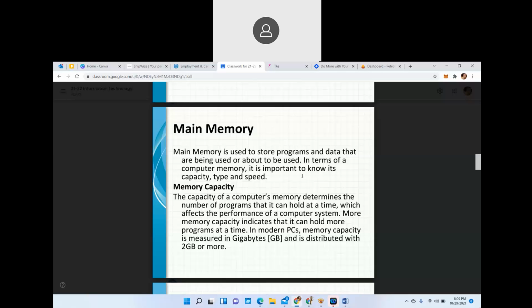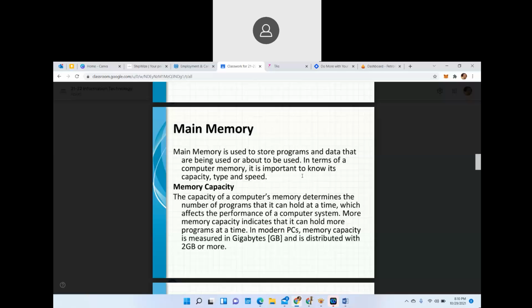The main thing we need to focus on when we're talking about main memory is its capacity, type, and speed. If you're just buying a computer, you want to know the capacity. Say you want to upgrade your computer, you need to know what type and the speed. That's why they say, my computer has 4 gig RAM, or 8 gig, or 16 gig RAM. The more RAM you have, the more programs and data you can open at one time.